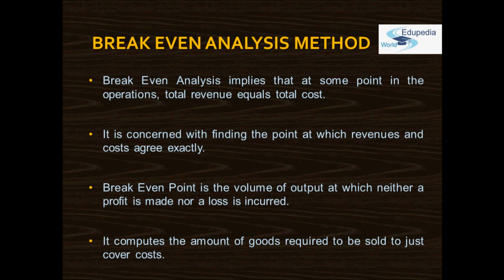In other words, we can say that break-even point is the volume of output at which neither a profit is made nor is there a loss. So we will go about finding the break-even point for different locations and see which location in the long run would be the most suitable. Alright, so here we would compute the amount of goods required to be sold to just cover the cost. No profit, no loss.